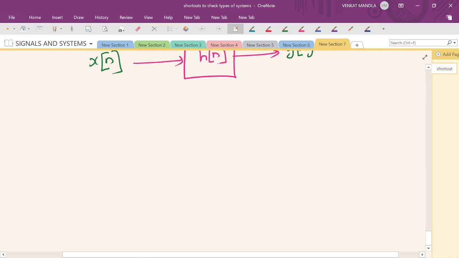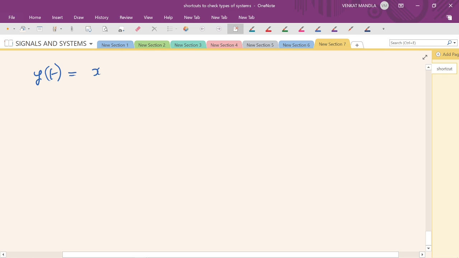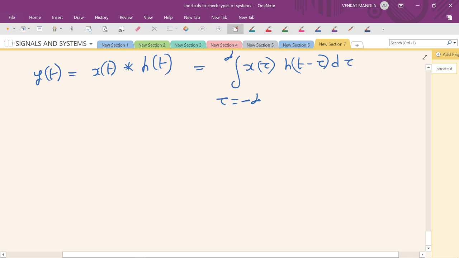So this is the concept of convolution. Now y(t) equals x(t) convolution with h(t), which equals the integral from tau equal to minus infinity to plus infinity of x(tau) h(t minus tau) d tau. So what are we doing here? Suppose x(t) and h(t) are already available.